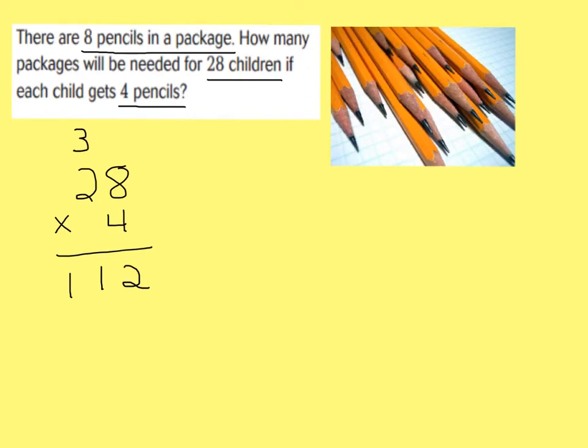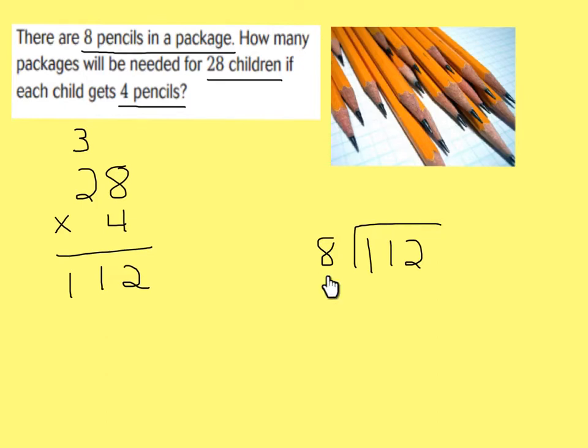But the question was asking me, how many packages will I need? So I want to divide 112 by 8. So I'm going to go ahead and get started dividing to find my quotient, to find my final answer.